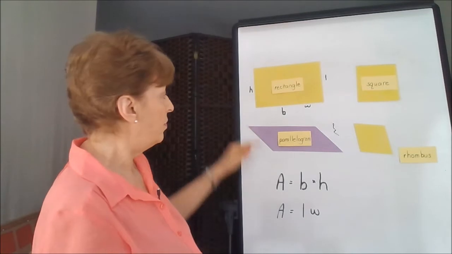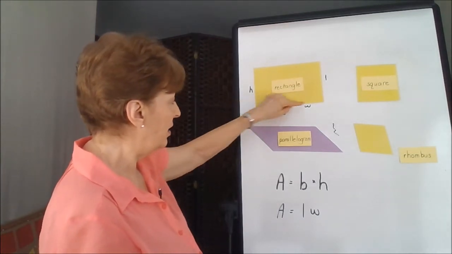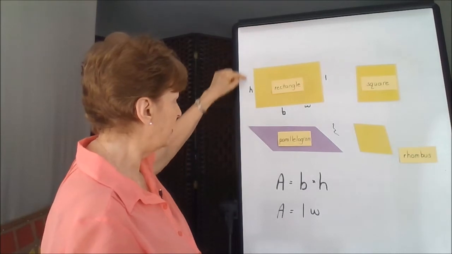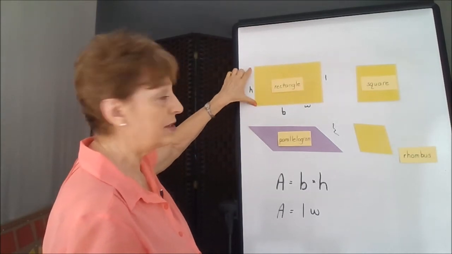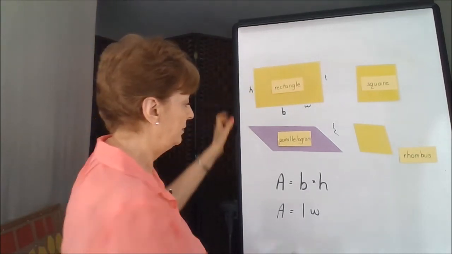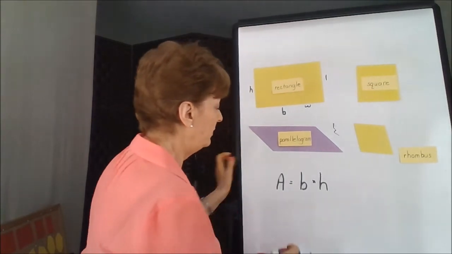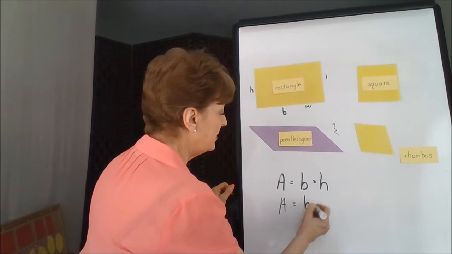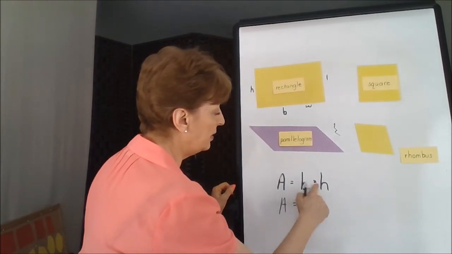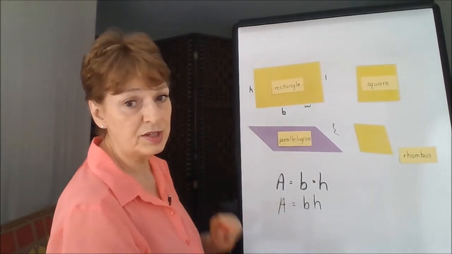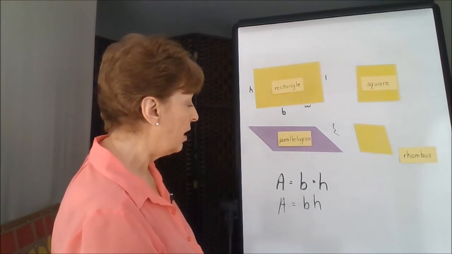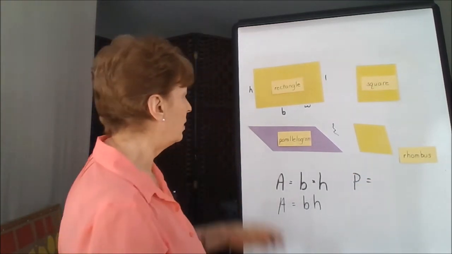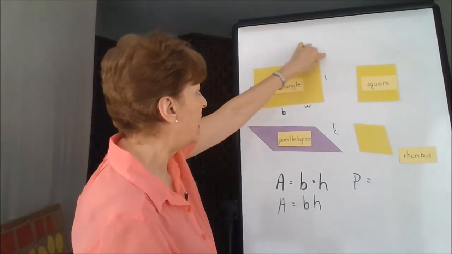You're just multiplying one of the sides that it sits on and another side that takes it up to the top. You might see it as base height, with no multiplication sign in between. That also means multiply.